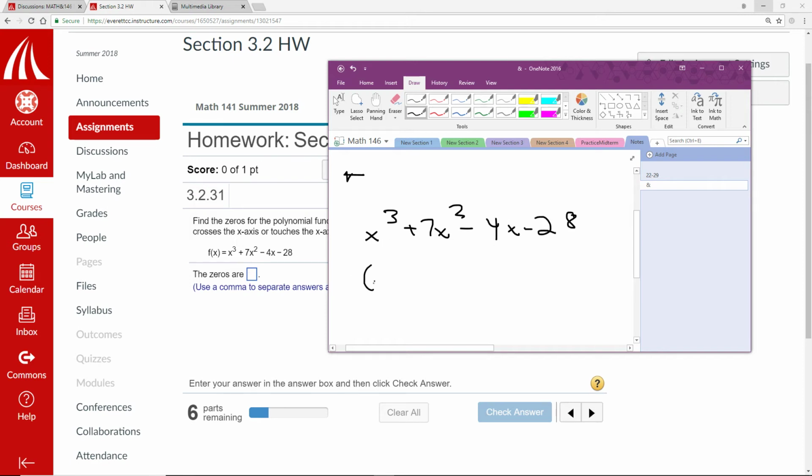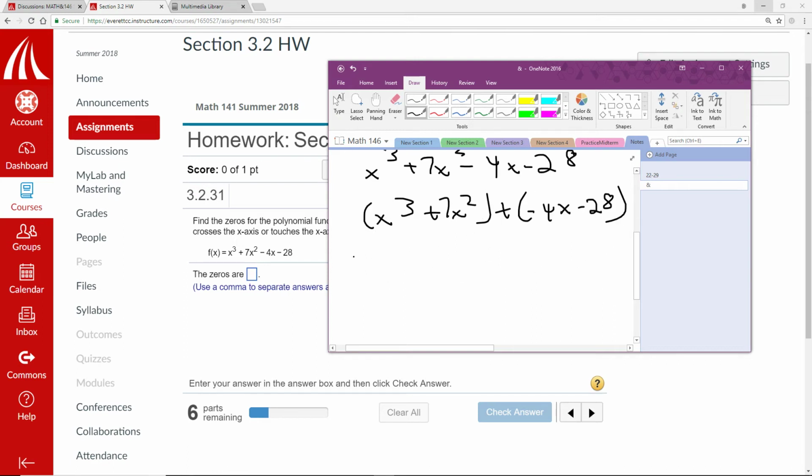We can factor by grouping. If I take that minus sign, I'm not going to take it out. Add a plus sign in there, and just keep the negative with the 4. Probably the cleanest way to do it. Now I can factor. I can take out an x squared. I could take out a -4. Now I can pull out an x plus 7.